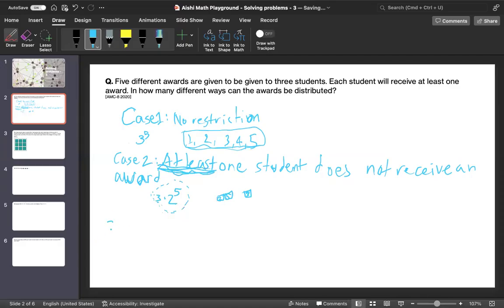All right, so case 3, writing so tiny. At least 2 students do not receive an award.